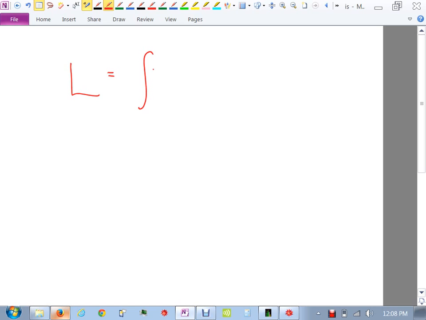We switched theta to t, so we're going to switch it back now. So we'll go alpha to beta, square root, and we just got r squared and r prime squared. So we're just going to say r squared plus r prime squared, and then d t, but we're going to say d theta. That's it.